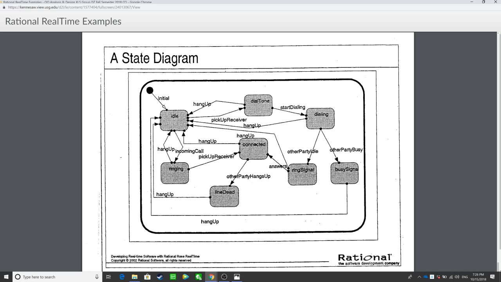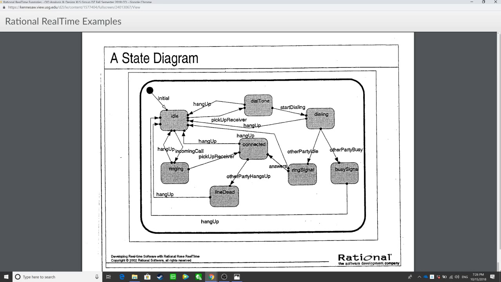So that state is the dial tone. And from this dial tone, when the system is in this state, if the event happening is start dialing, then the system goes to this dialing state.